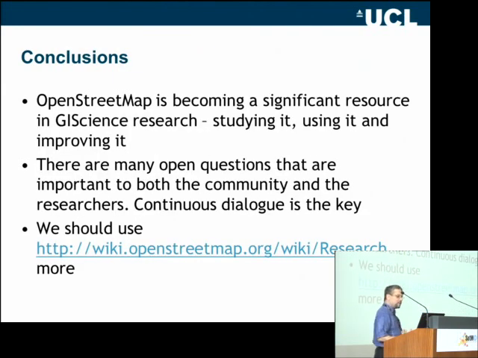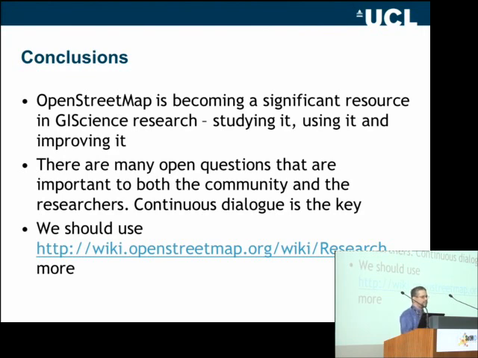So just to finish off, it's very clear that OSM has become a very significant resource within GIScience research. One of the funny things is that people sometimes make the wrong equation of VGI equals OSM. As people within the community will probably be aware, it's not the same community as Map Maker.